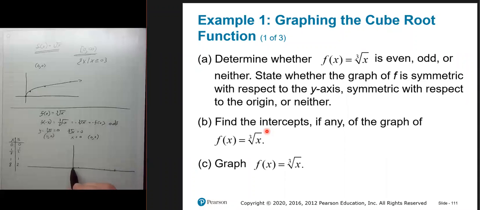So (0, 0), and then (1/8, 1/2), and then (1, 1), and then (8, 2). So the graph on this side of 0 goes like this.